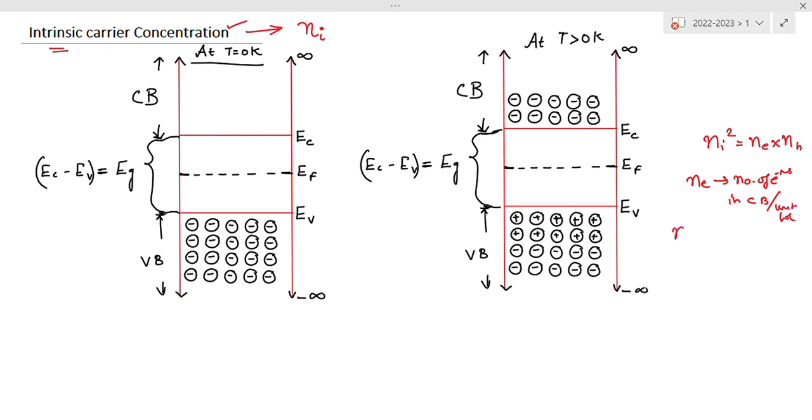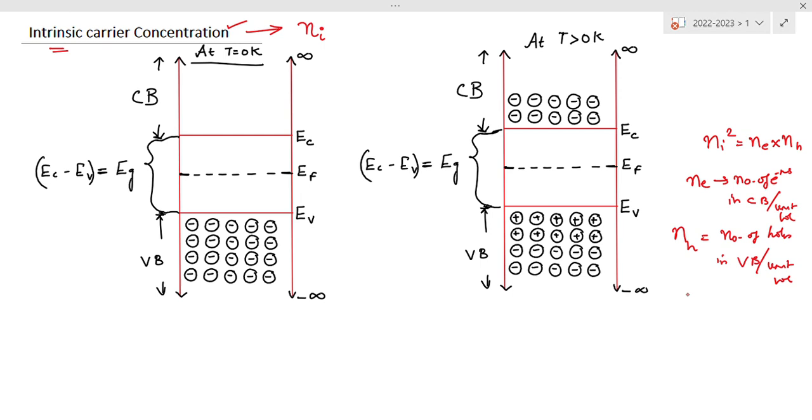Similarly, Nh denotes number of holes in the valence band of the intrinsic semiconductor per unit volume. This product of Ne and Nh expressions and then taking the square root of this product will give the intrinsic carrier concentration final expression.